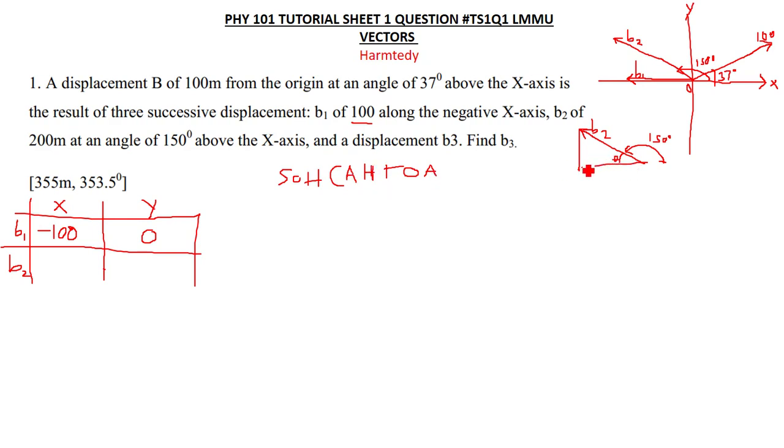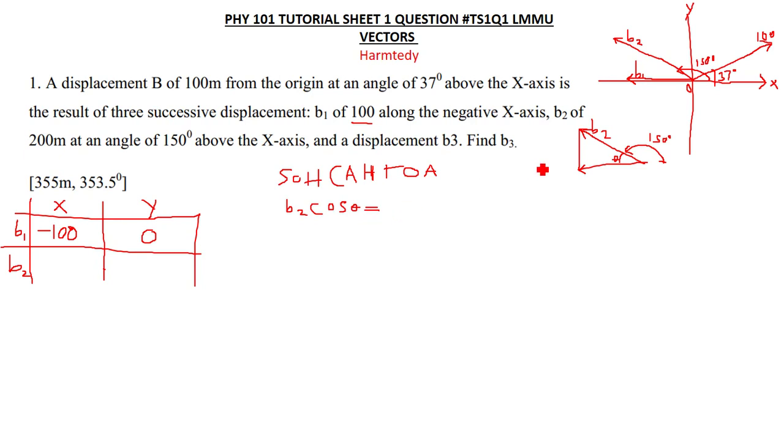So to find the x component of B2, we're going to say B2 cos theta.